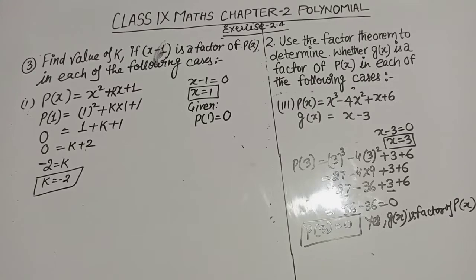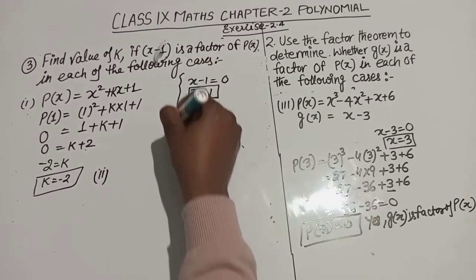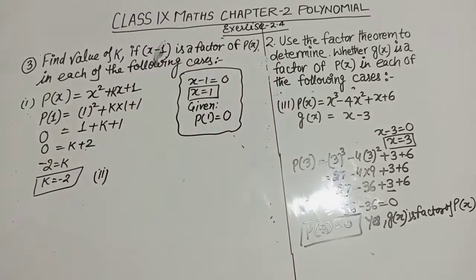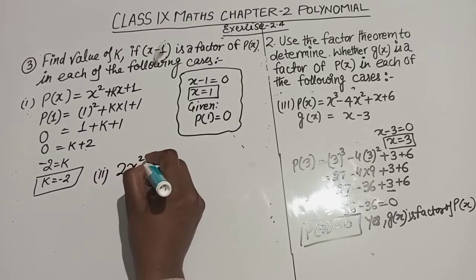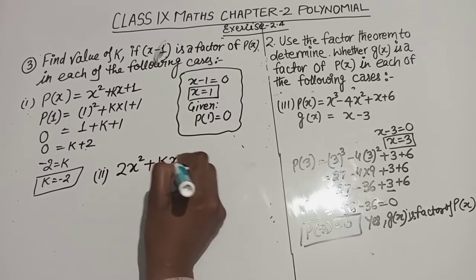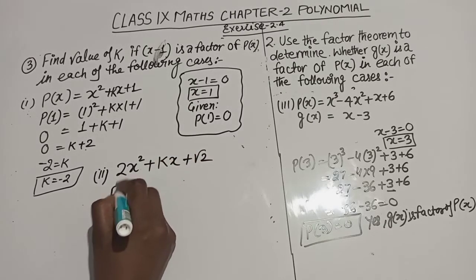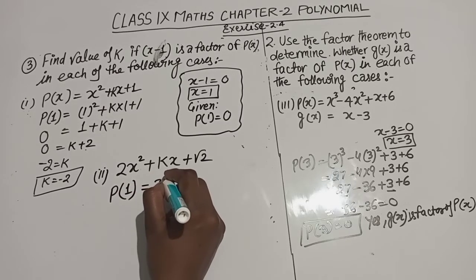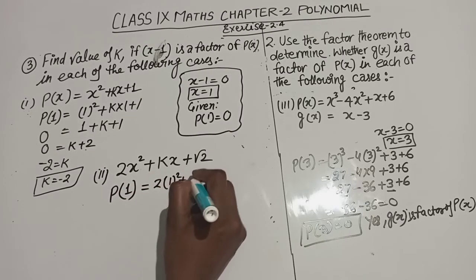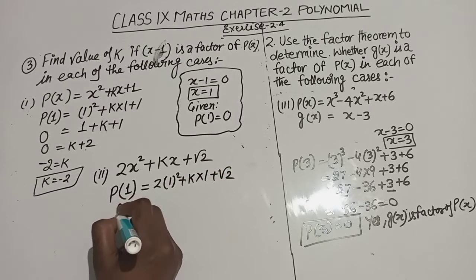Okay, easy it is. Again question number 2, everything is given. Question number 2 is 2x squared plus kx plus root 2. Put the value of x as 1 again. So 2 into 1 squared plus k into 1 plus root 2, and p1 is equal to 0.